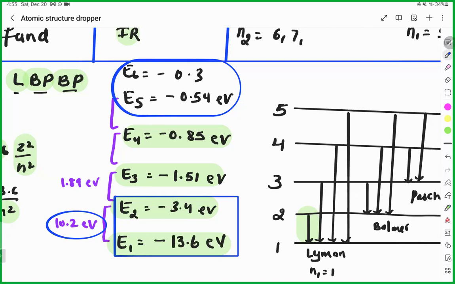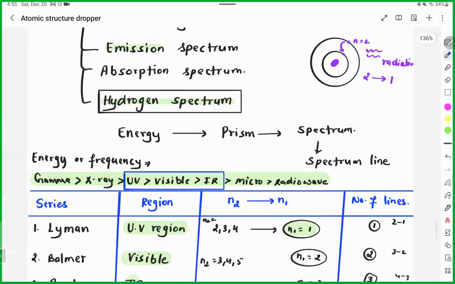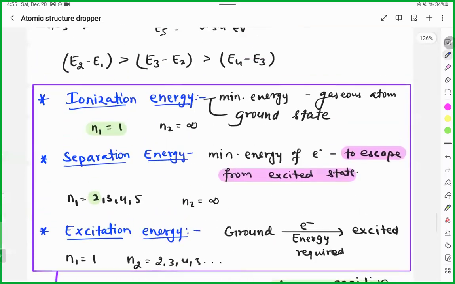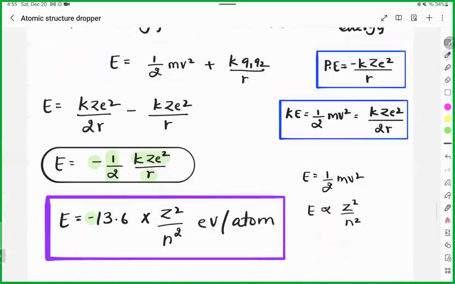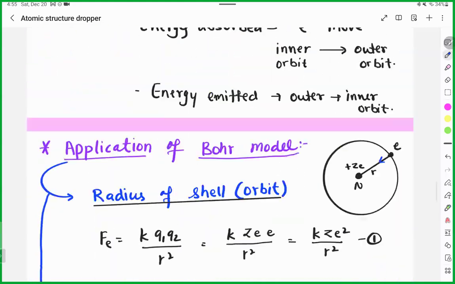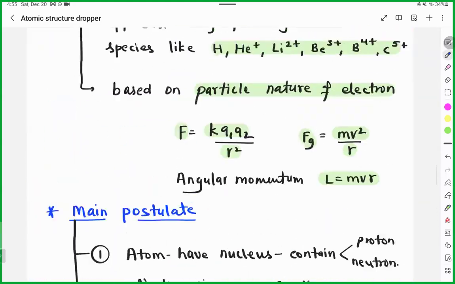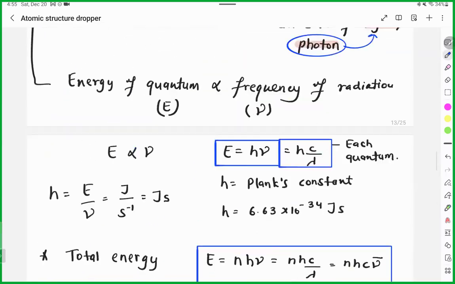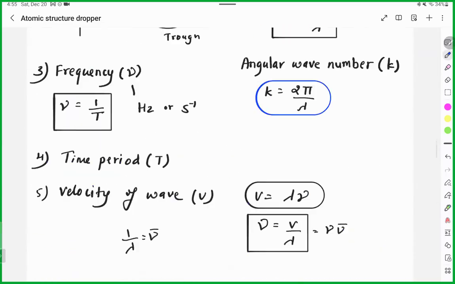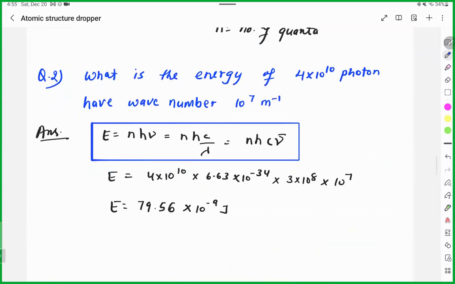Yes or no, guys? Understood? I did this today as well as yesterday, I told you the same thing yesterday also. Energy difference.